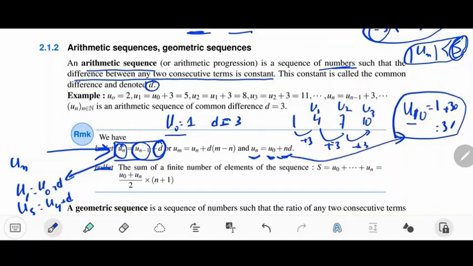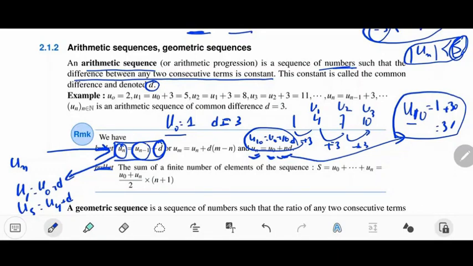So if you want to obtain U10, it will be the first term U0 plus n times D. The n in here is the same n in here. Okay, so since n in here is 10, it's 10 times D. Okay, so this can be used to calculate U10 if you already know U0, which is the first term, denoted U0 in this case.